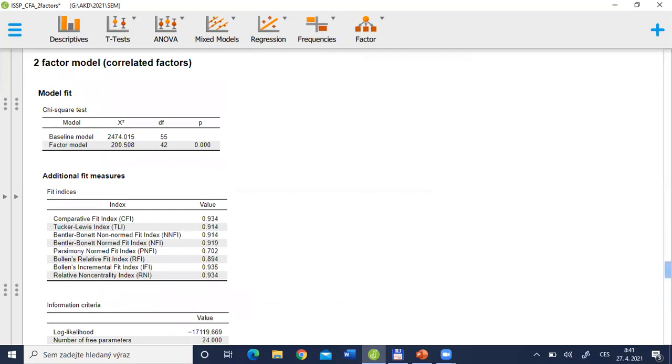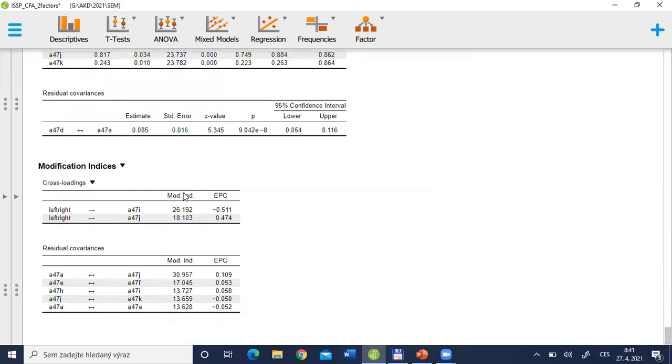And if you can see these recommendations here for the cross loadings as well as for linking of residual errors, you can see small minor changes that would add change by 30 or 26 points. But currently, it seems to me there is no necessity to modify this model for the first insight, so we will take this model as it is.